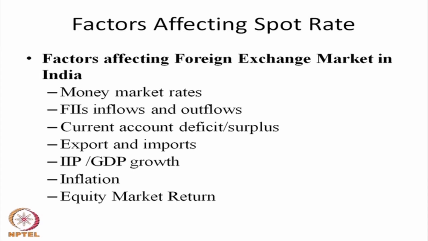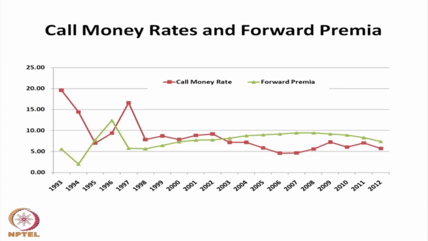I have taken here the rupee dollar exchange rate and tried to find which are the main primary variables which influence the rupee dollar exchange rate in the spot market. Before that I tried to check whether the call rates and the forward premium, which we discussed in earlier classes, move in the same direction.